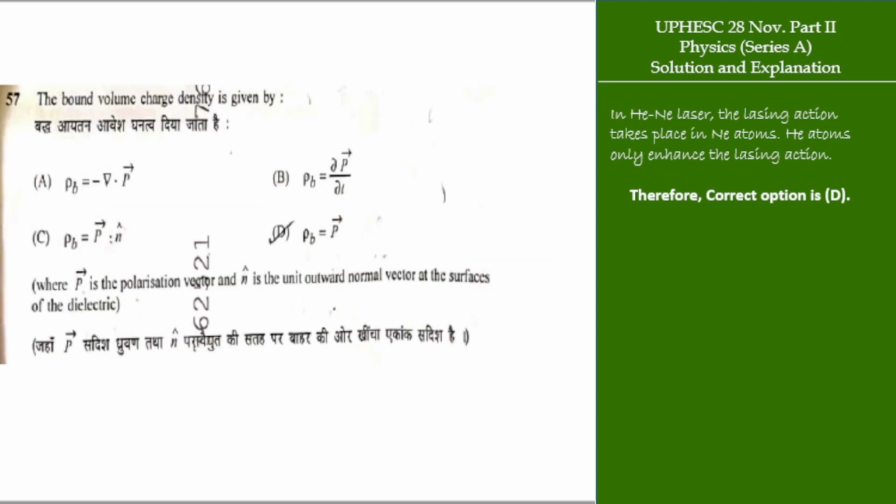Now the next question, it is also a formula based question. They have asked about the bound volume charge density. The bound charge density is the sum of two terms, one related to the surface charge density and the second related to the volume charge density.